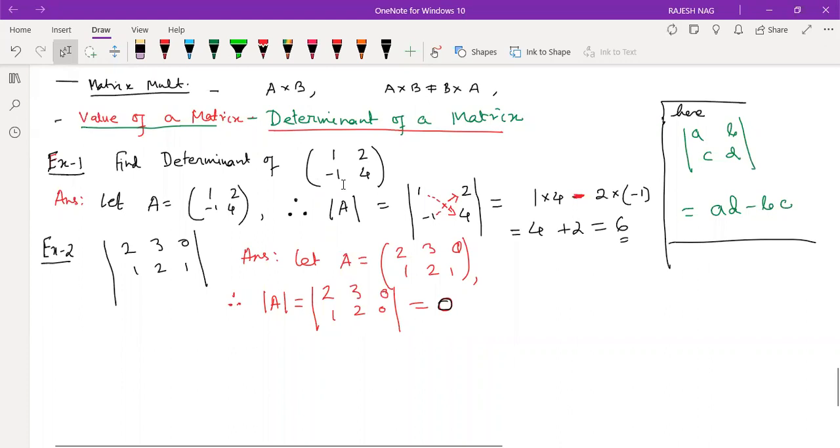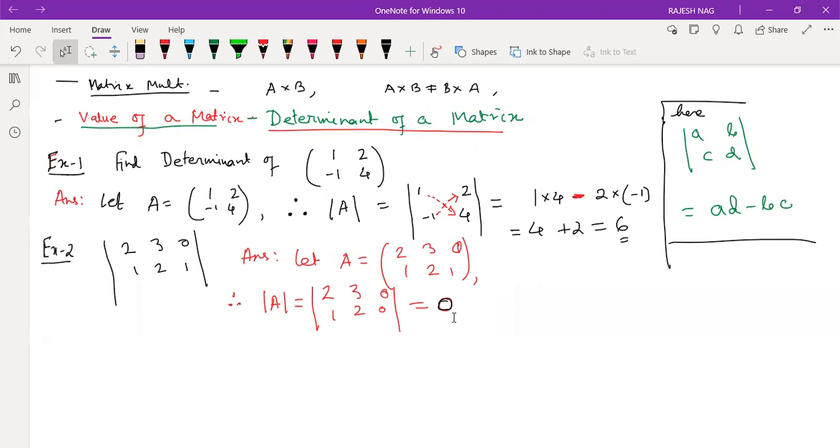The first example was a square matrix, 2 by 2, two rows and two columns, right? The second matrix is not a square matrix because it has 2 rows and 3 columns. So it is a rectangular matrix, and for any rectangular matrix the determinant is always 0. I hope you will remember, there is no need to calculate, just write that for any rectangular matrix the determinant is always 0.